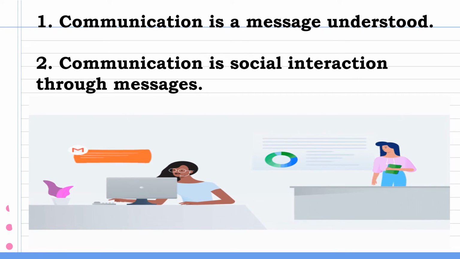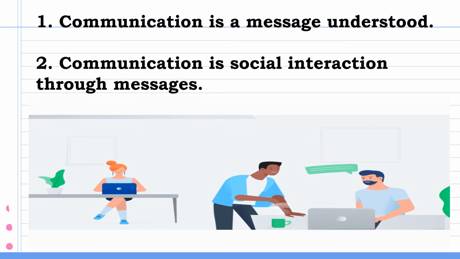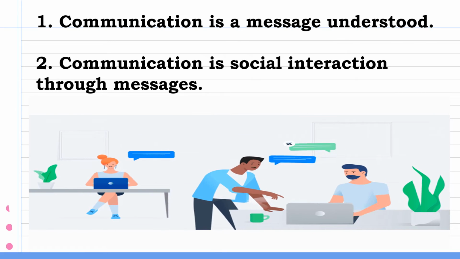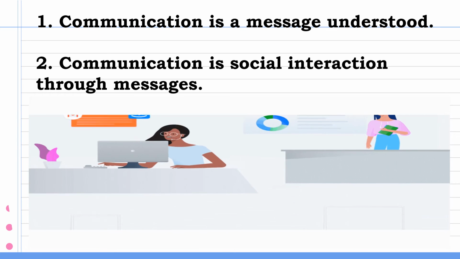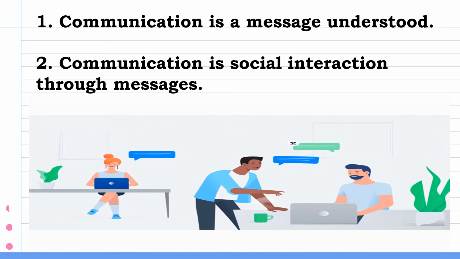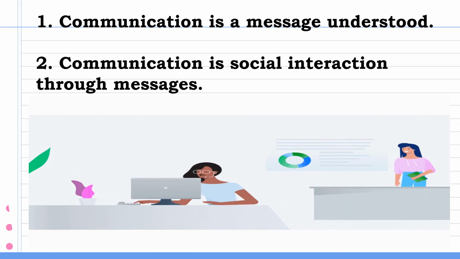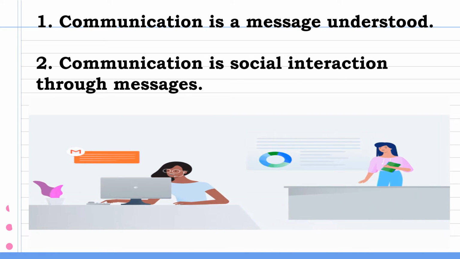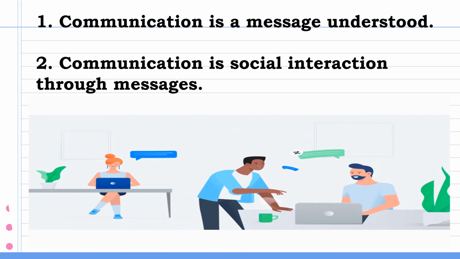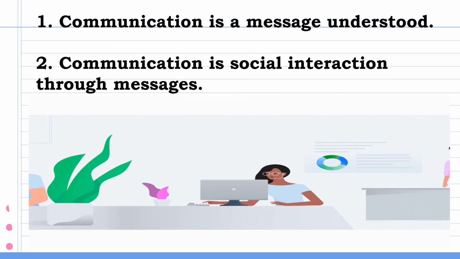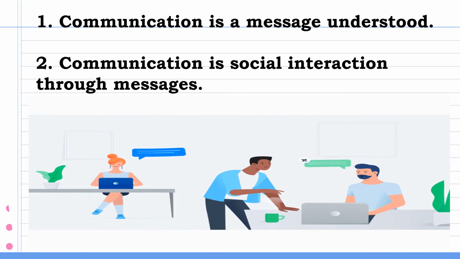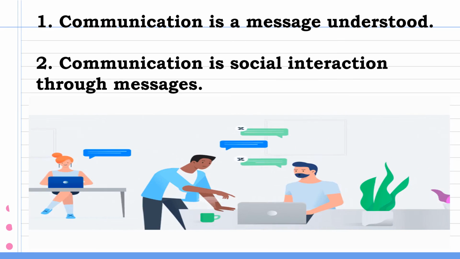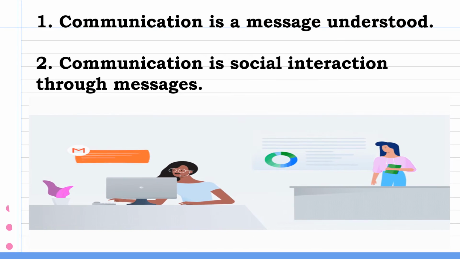In this scenario, we are sharing our feelings or experience with someone else. Thus, we may say that communication is a sharing of experience. In our society, we all interact with messages. Without interaction, a society cannot survive. Social interaction is always through messages.